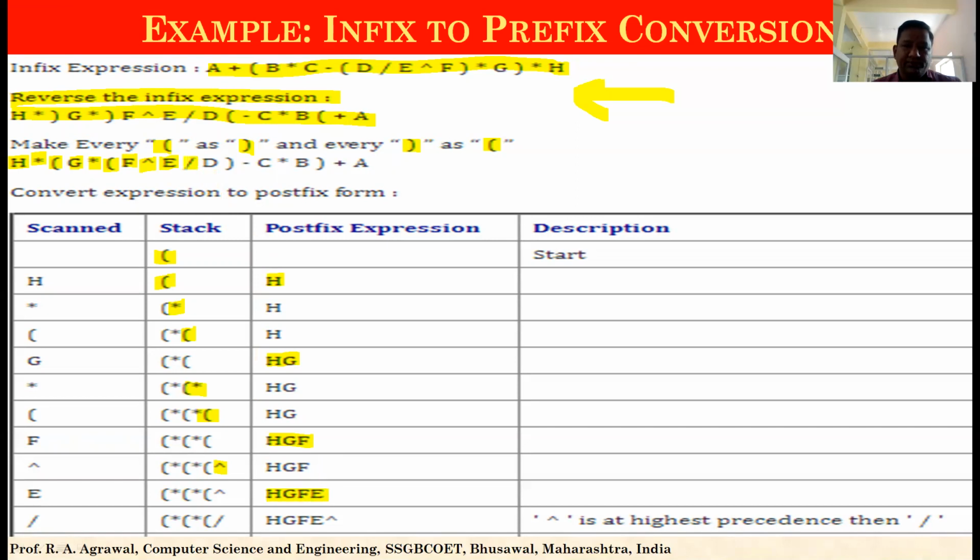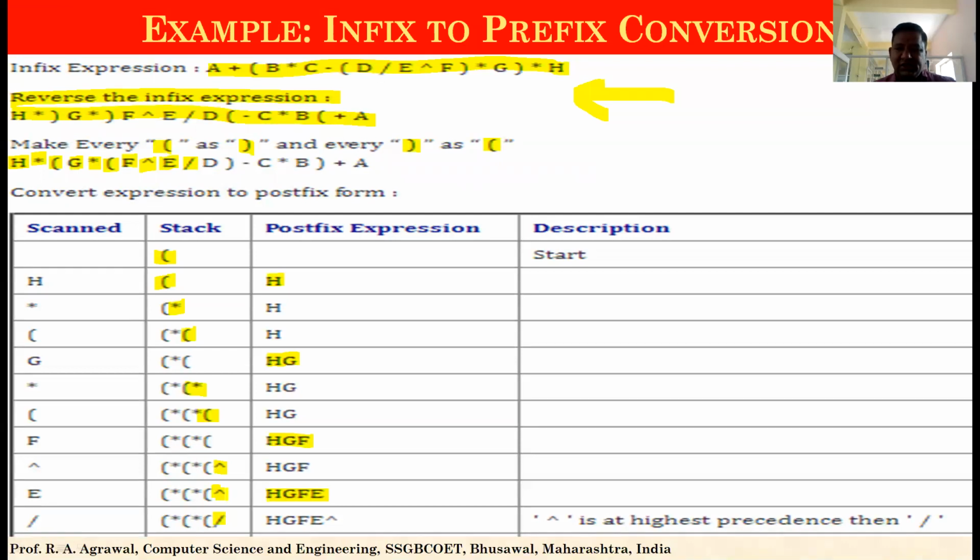Next one is the division operator. Now, remember that before adding division, you have to check the priority of the existing operator. The existing operator on the top of the stack is the exponential operator, and we have discussed in the previous lecture that the exponential operator has higher priority than the division operator.